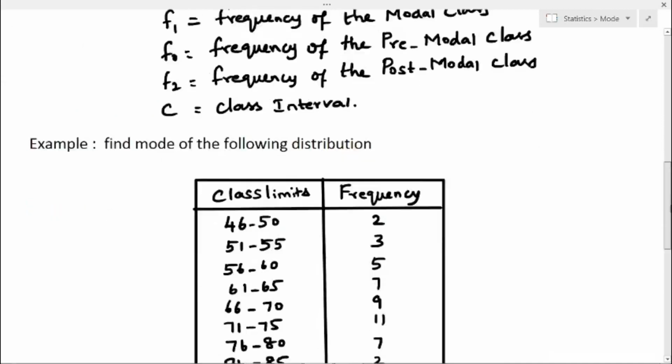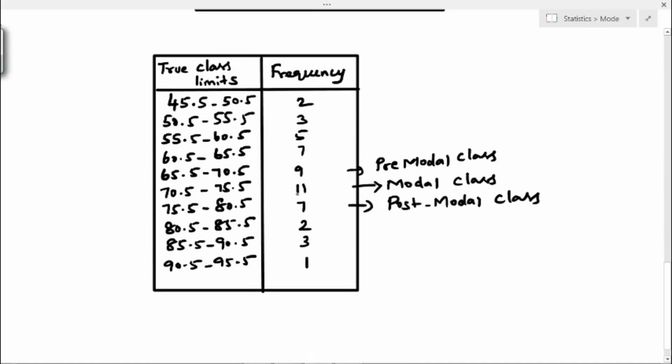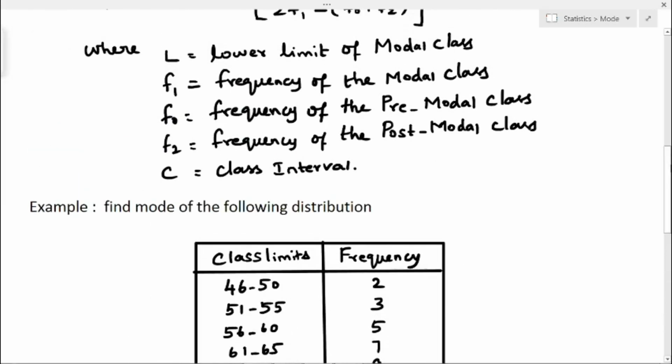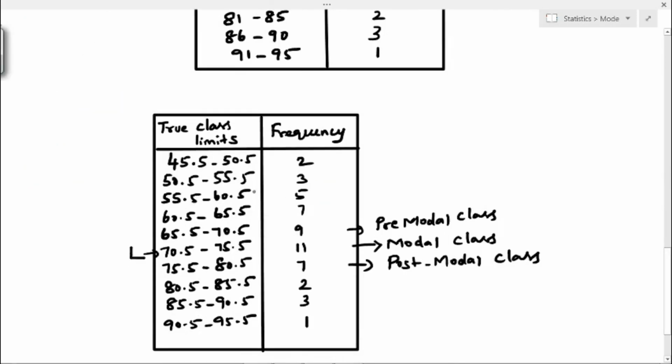For the modal class 11, the lower limit is 70.5. So this is L. The modal class frequency is F1, the pre-modal class is F0, and the post-modal class is F2.